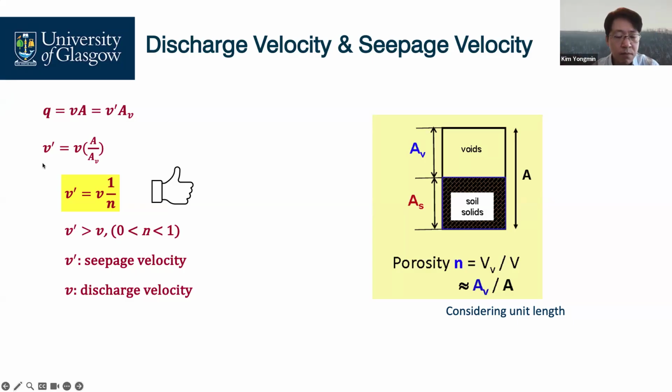So the seepage velocity V prime equals the discharge velocity times 1 over porosity. Porosity, what is porosity? It is an indicator for checking void space. Of course, the void ratio means something similar, but in this case, A over Av.